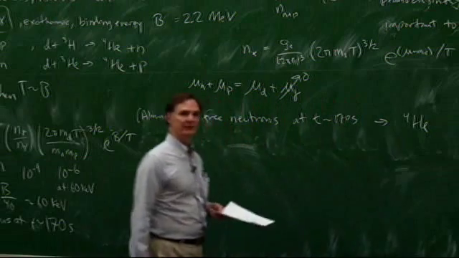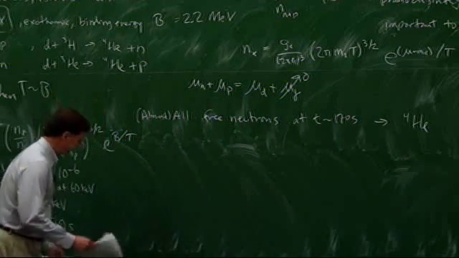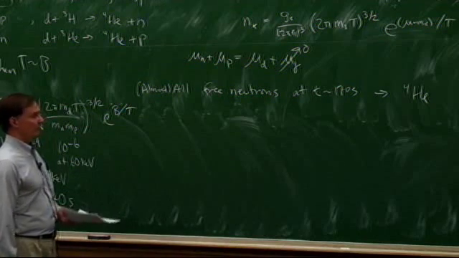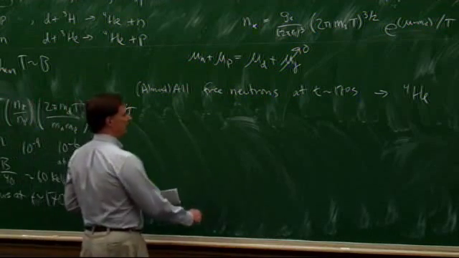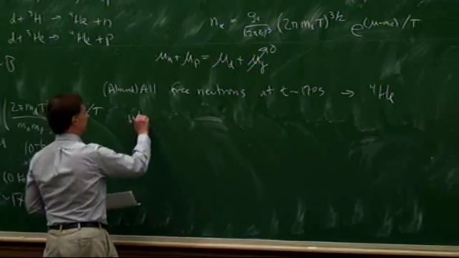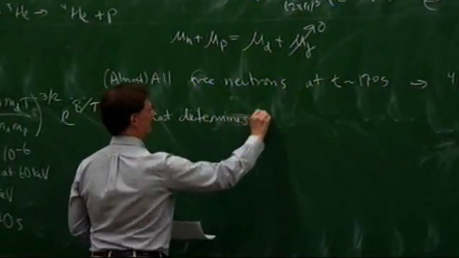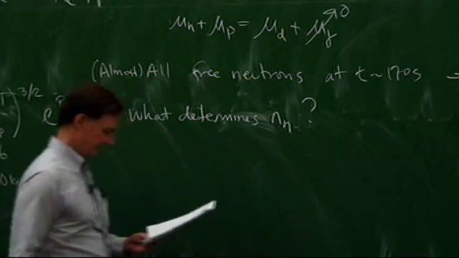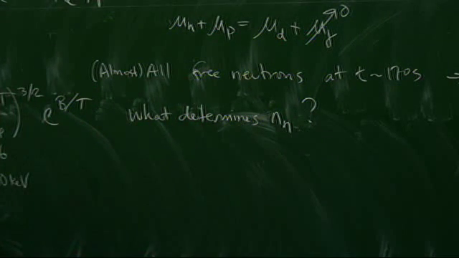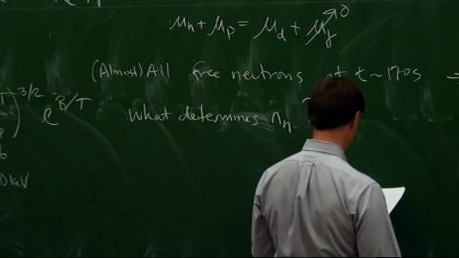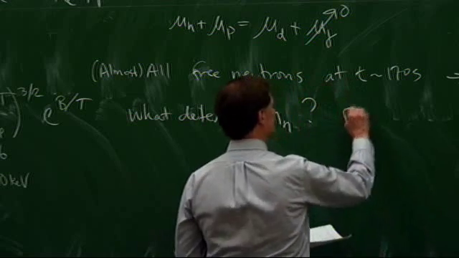Of course, the neutrons decay. I haven't even talked yet about the free neutron decay, which I will have to now. So what sets the number of neutrons at t of 170 seconds? And the answer is the freeze out of chemical interactions, freeze out of weak interactions.